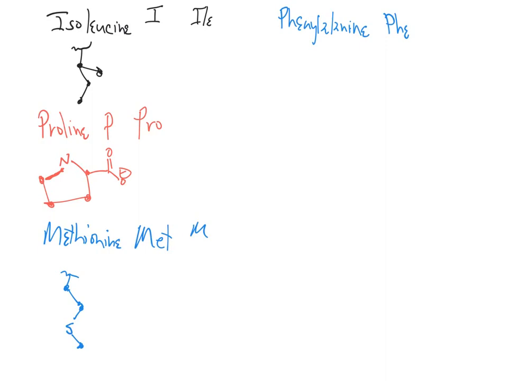F. It cannot be P because that's proline, so they go with phonetics on it. It's F. Okay, so there's the backbone. It has its linking carbon, and then it's a benzene ring. That's why it's aromatic. It is hydrophobic, so it goes into two groups. It's a hydrophobic one, but it's aromatic.